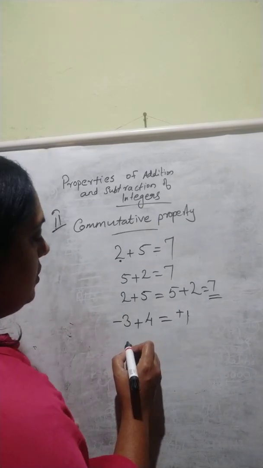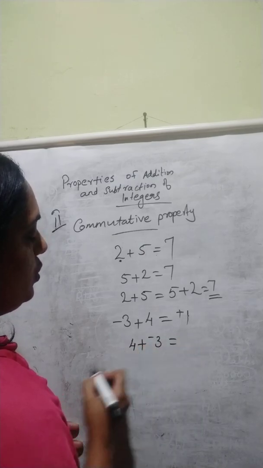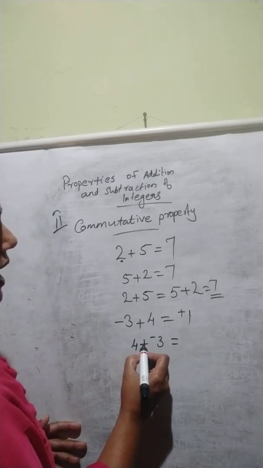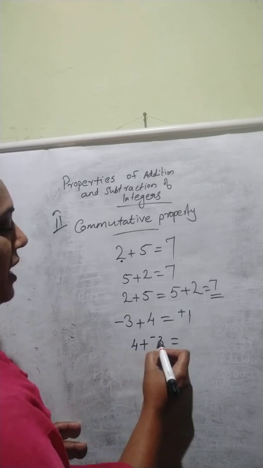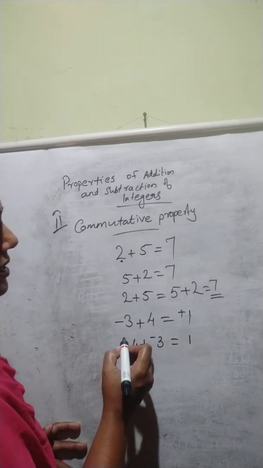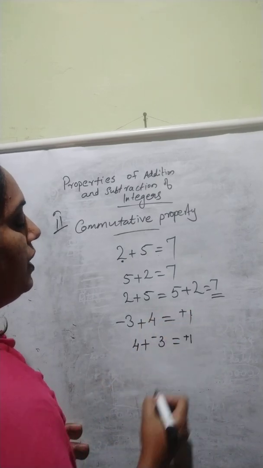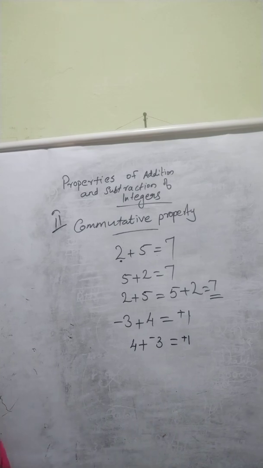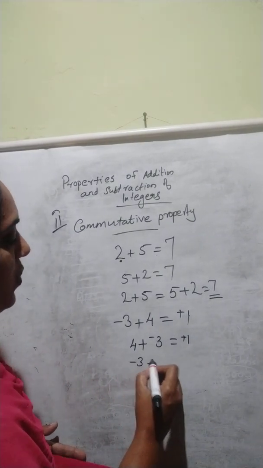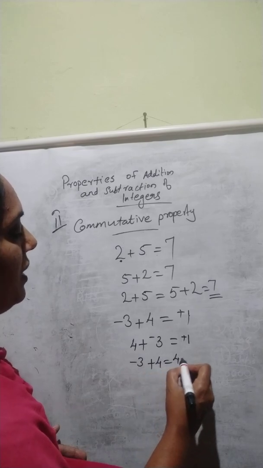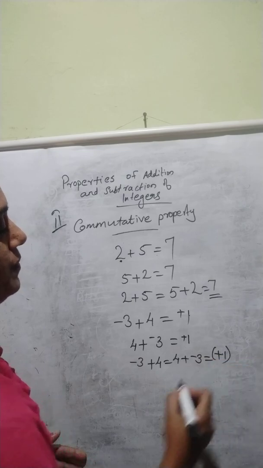Then next, 4 plus negative 3: here also 4 and negative 3, we have to subtract these two. 4 minus 3 is equal to 1, and the sign of 4 is positive, so we have to keep a positive sign before this 1. So we can write negative 3 plus 4 is equal to 4 plus negative 3, that is equal to positive 1.